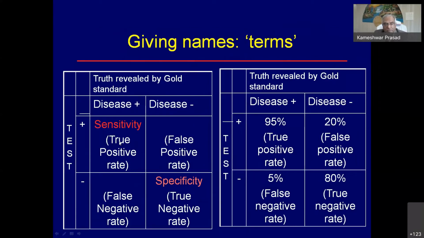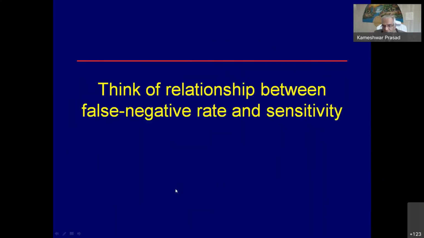And if you remember your lessons on diagnostic test, this probability or true positive rate is also called sensitivity. The true negative rate is called specificity. I'm sure you know this very well. Now, I would like you to remember what is the relationship between false negative rate and sensitivity.